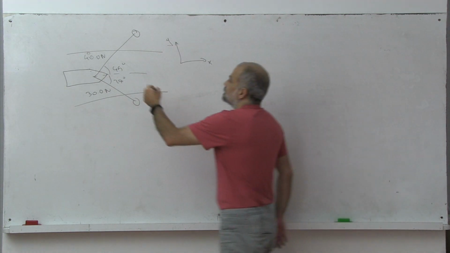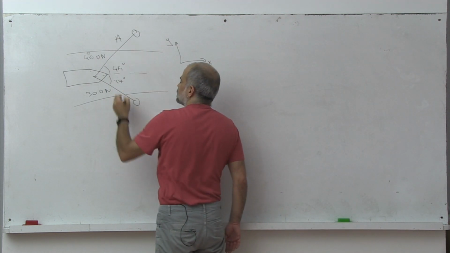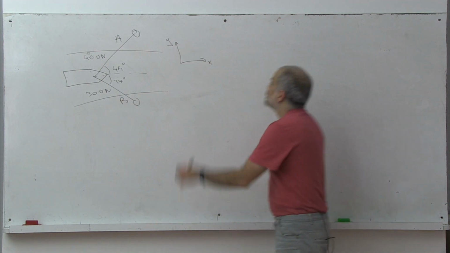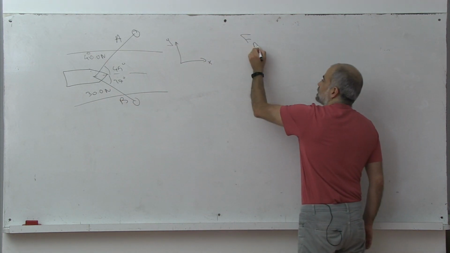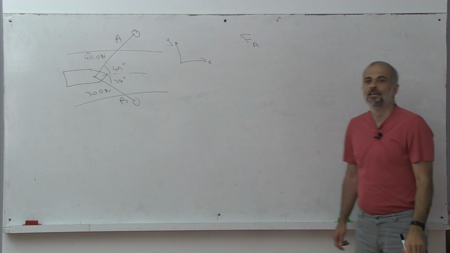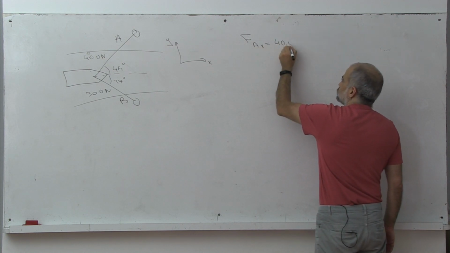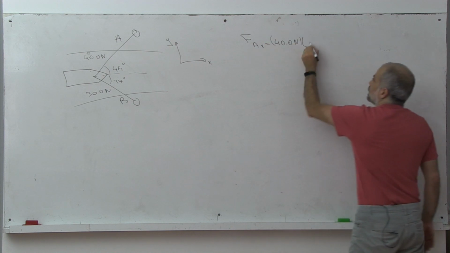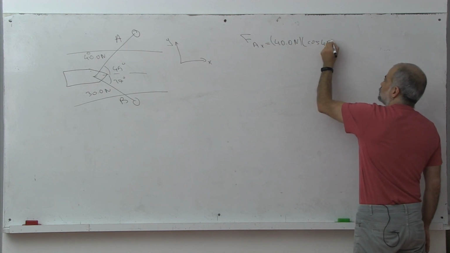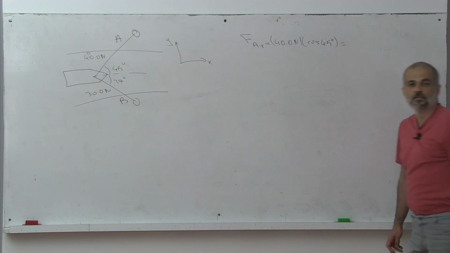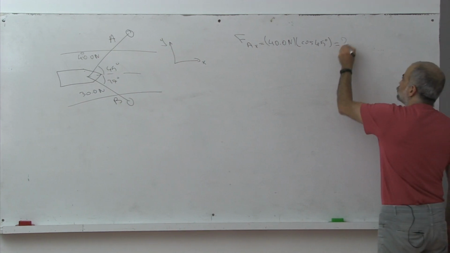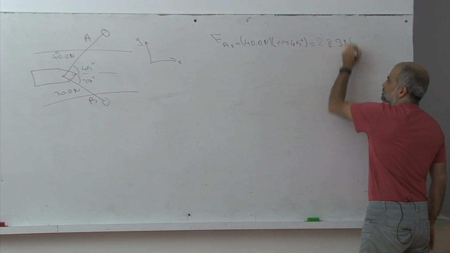So let's say this is A, this is B. The force that man A exerts will have an x component, which will be given by 40 newtons multiplied by cosine of 45 degrees, or the x component will be 28.3 newtons.